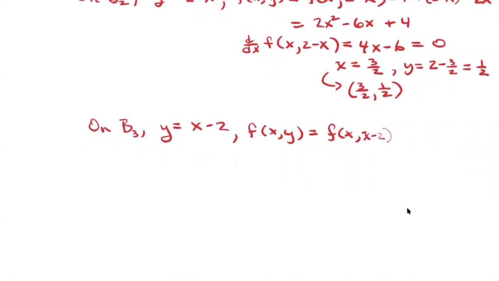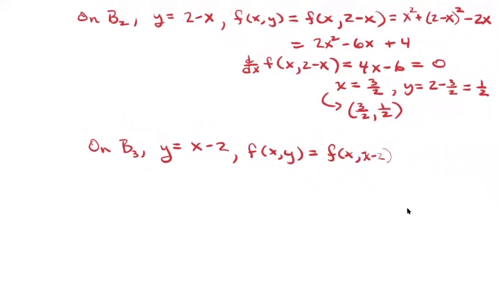Okay, and let's see here. That should be x squared plus x minus 2 squared, and then minus 2x. I think that's exactly the same as before. I think that you're going to get x squared minus 6x plus 4.